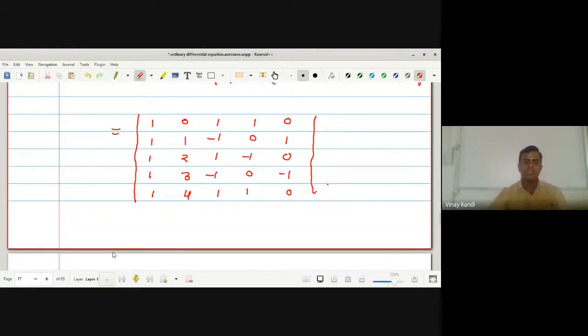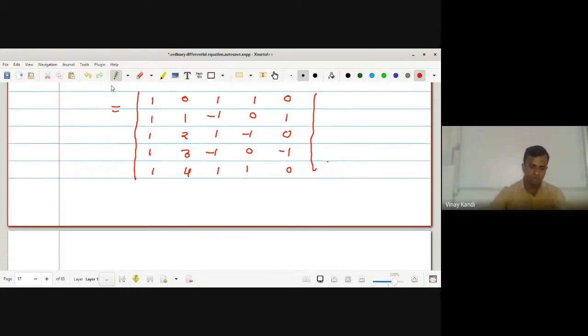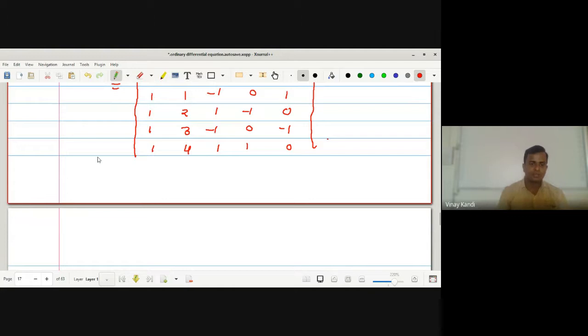Okay, by elementary row transformation we have to reduce this determinant into echelon form. Okay, echelon form माहिती आहे ना? Yes, sir. फर्स्ट कॉलम मधले सेकंड सगळे हे except first row. फर्स्ट कॉलम मधले हे सगळे एलिमेंट काय करायचे? 0 करायचे. ओके. आता elementary row transformation सांगायचे मला तुम्ही. ओके. By elementary row transformation we get.